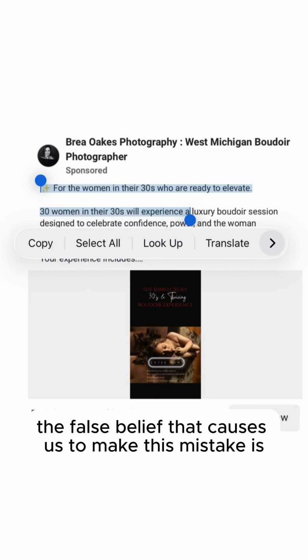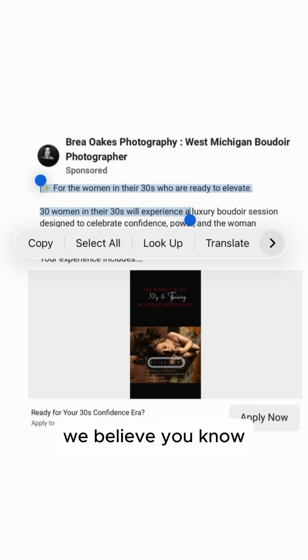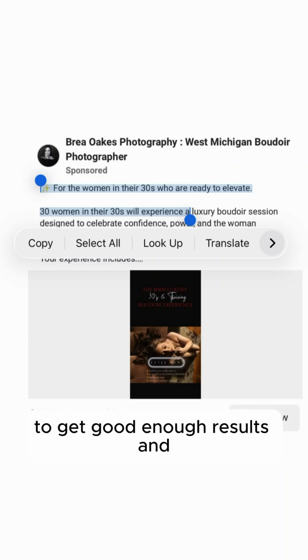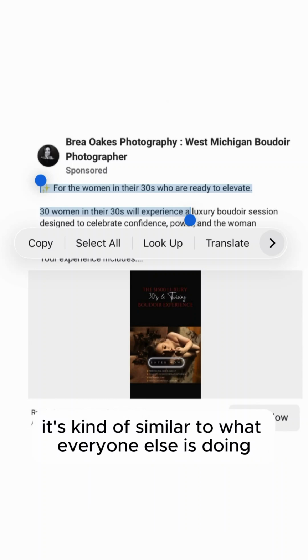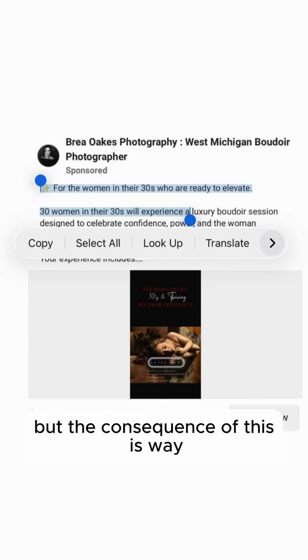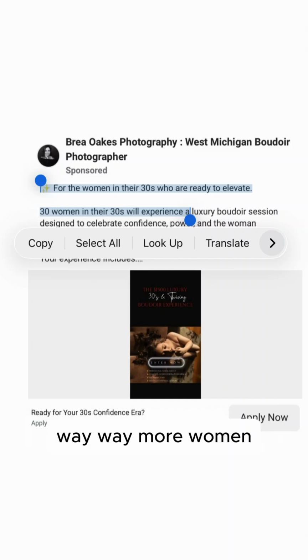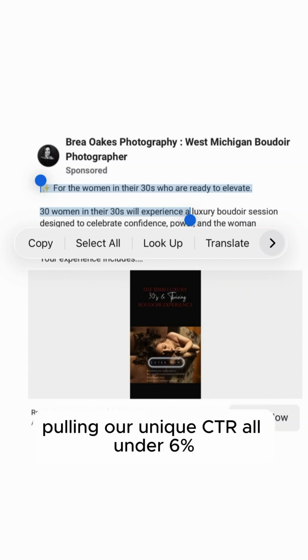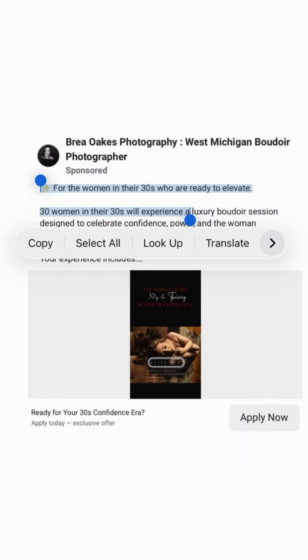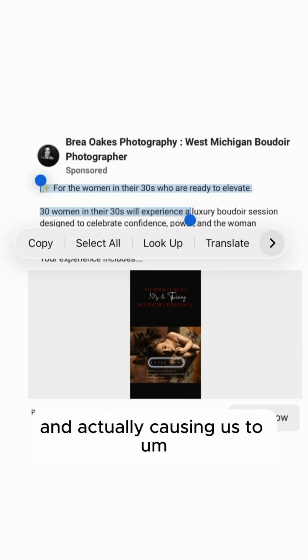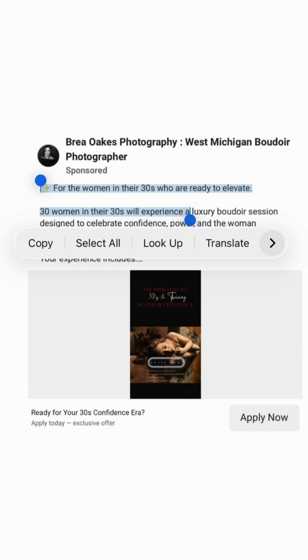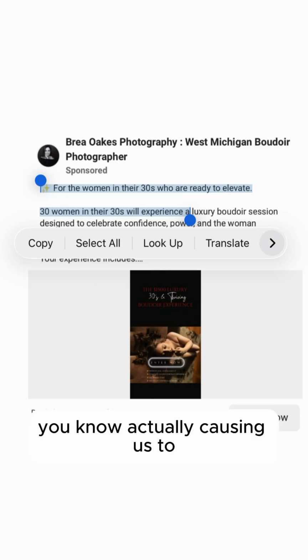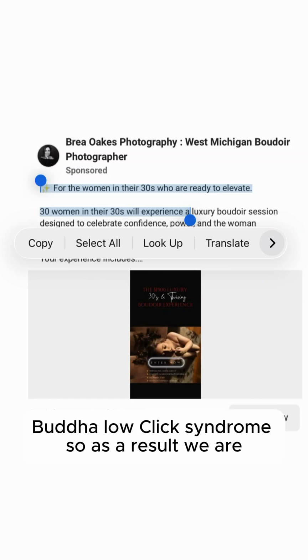The false belief that causes us to make this mistake is we believe we provide a good enough headline to get good enough results, and it's kind of similar to what everyone else is doing. But the consequence of this is way more women are scrolling by our Boudoir Facebook ad than necessary, pulling our unique CTR under 6%, and causing us a higher probability of having BLCS, Boudoir low click syndrome.